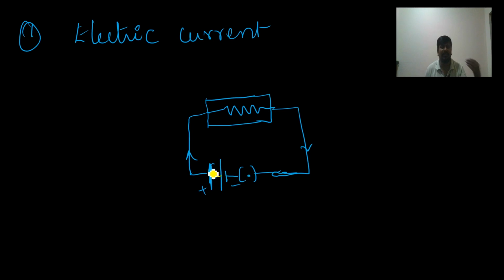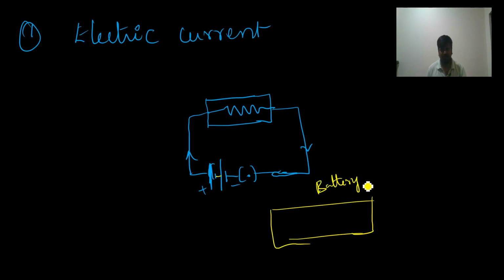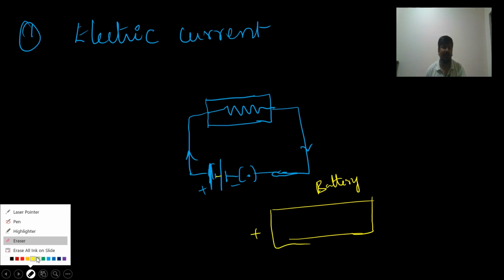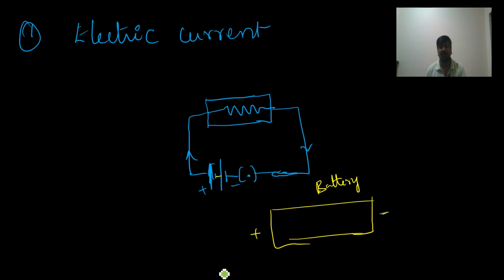Normally, inside of the battery, what happens? You can consider this battery as one or two more cells added. This is the battery positive terminal and this is the battery negative terminal I am considering here, right? The electrons are moving from negative terminal to positive terminal, right?